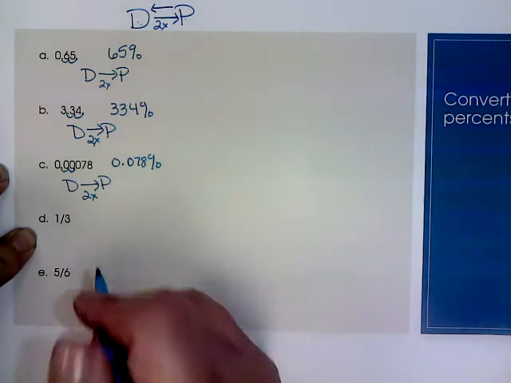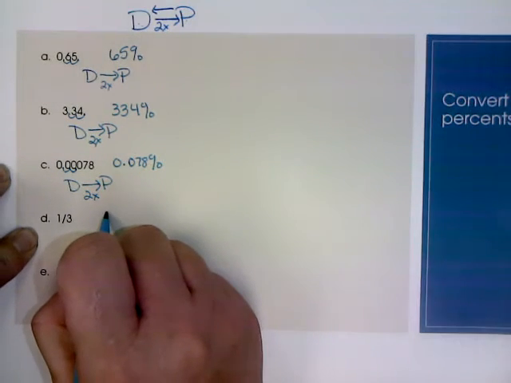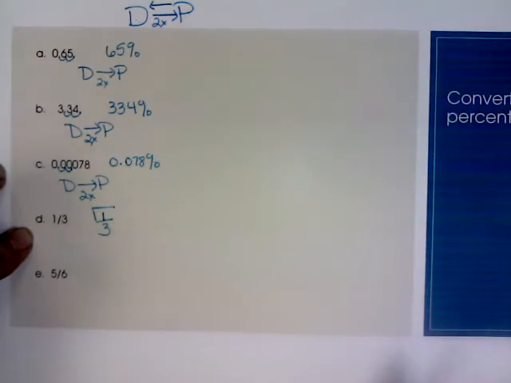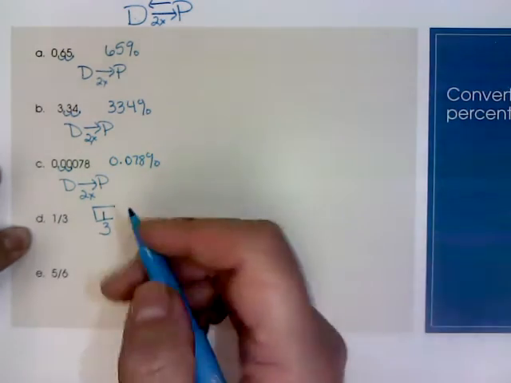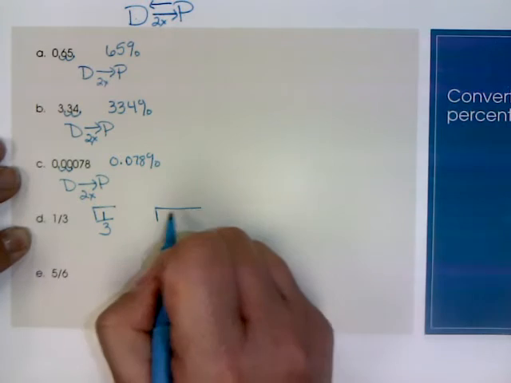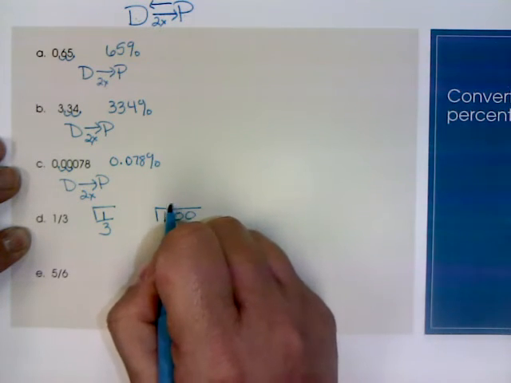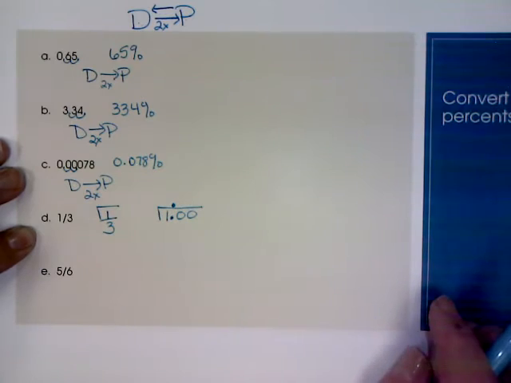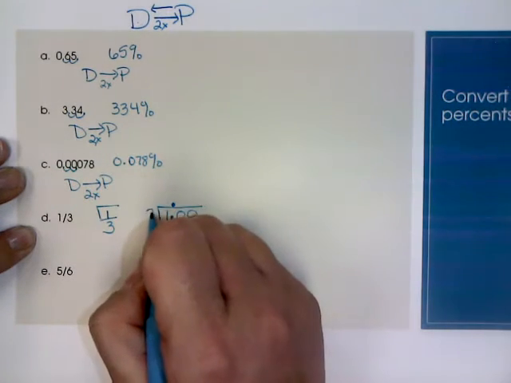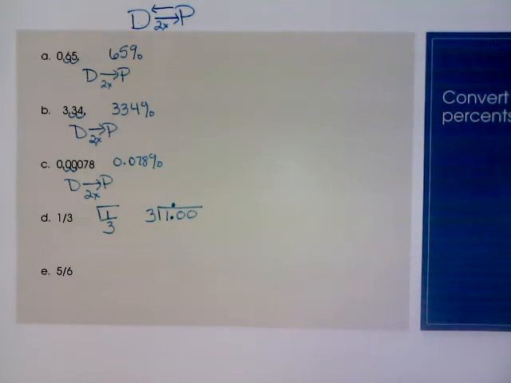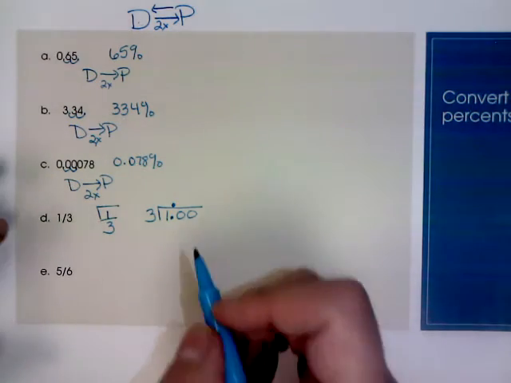Taking a look at letter D, for me to turn this into a percent, I have to turn it into a decimal first. And I'm going to do that by taking the top number and putting a top hat on it. And if I do that, I remember that that's going to go on the inside of my division question. And I always put a decimal and put that up first and then a couple zeros. And my 3 is going to be my divisor. That's going to be the one that's breaking the 1 in equal parts.